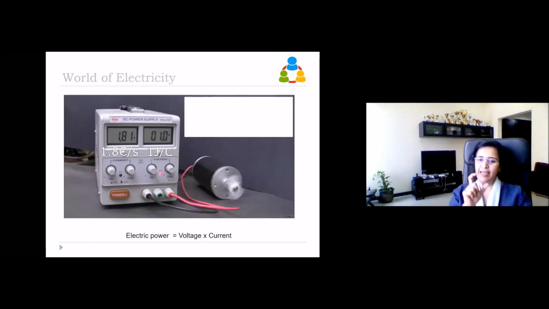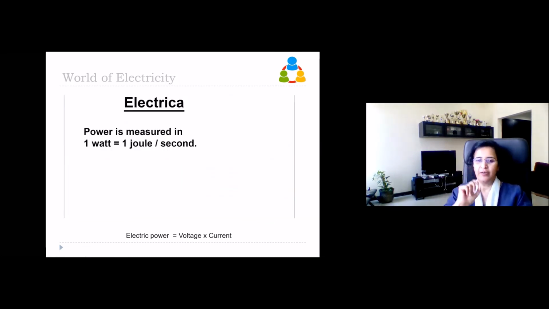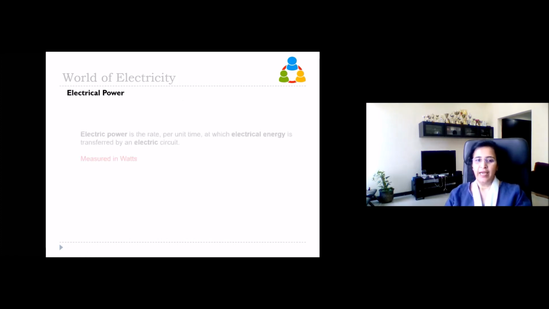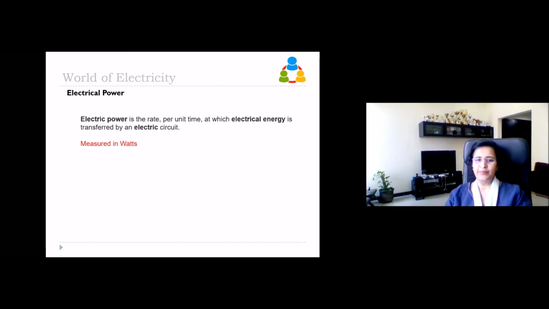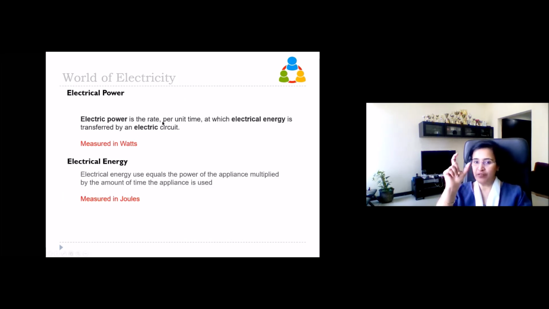So this is the electric power. Power is measured in watts, and another unit is joules per second. That is work done, as we said. Electrical power is measured in watts.